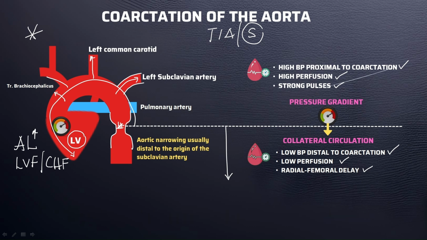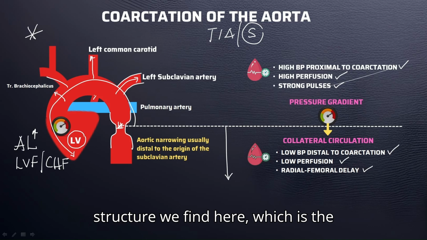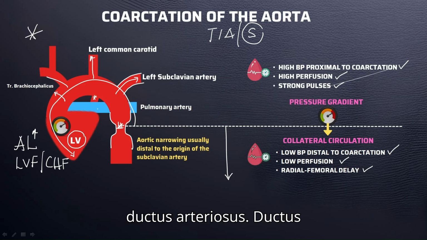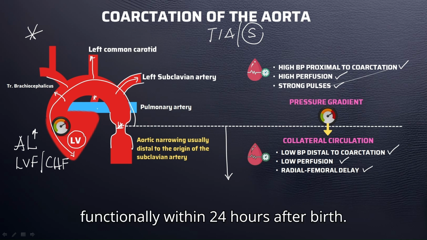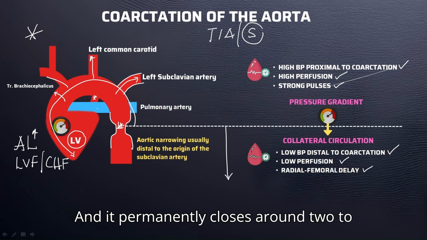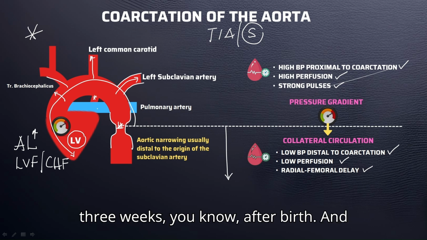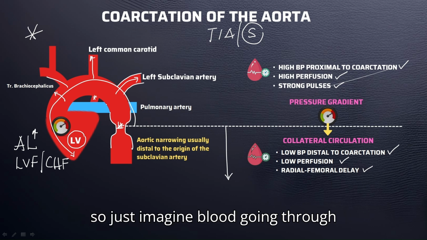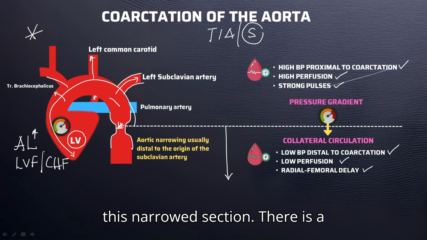Now, the critical aspect is also the patency of this structure we find here, which is the ductus arteriosus. Ductus arteriosus closes functionally within 24 hours after birth, and it permanently closes around 2 to 3 weeks after birth. And so, just imagine blood going through this narrowed section.